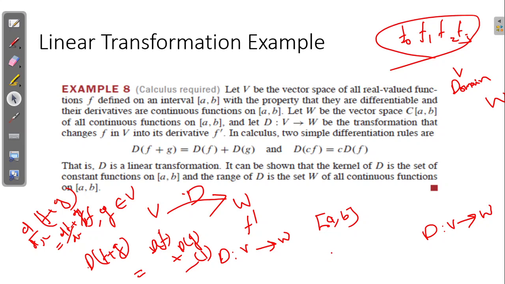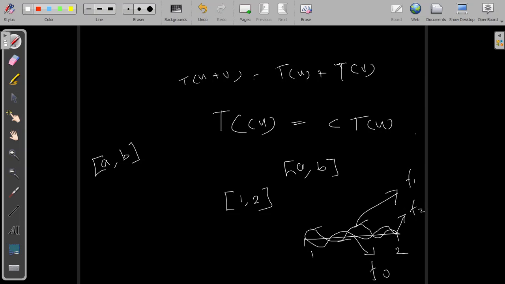Now the second axiom is D of cf. We know in our calculus class that d by dx of a constant c times some function, say x square, means c you can take out, and c into d by dx of x square equals c into 2x.